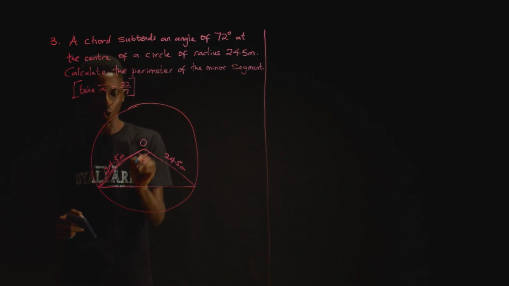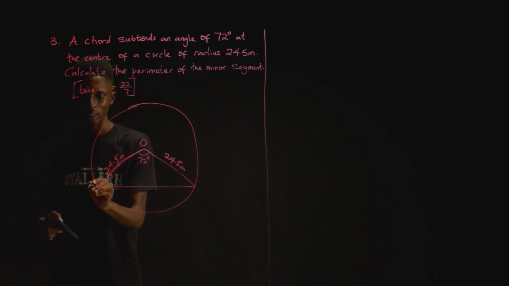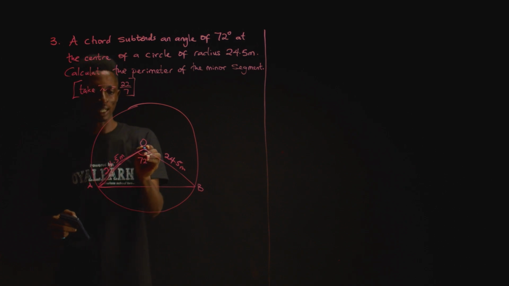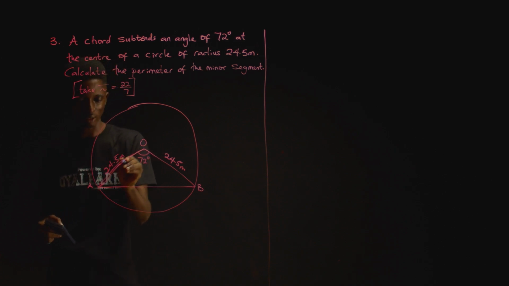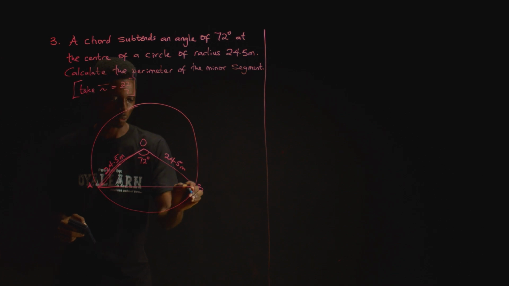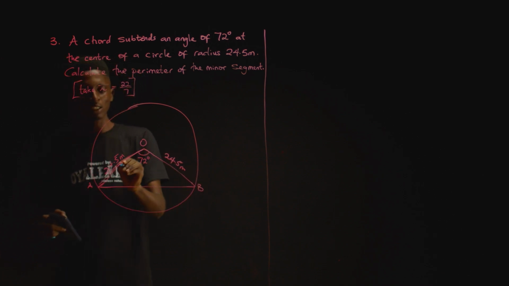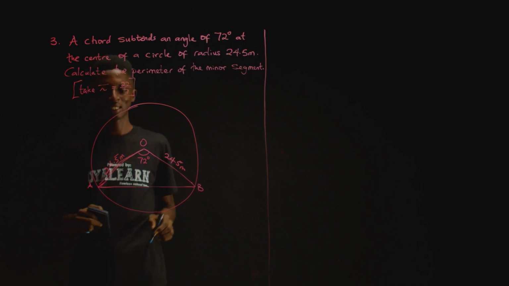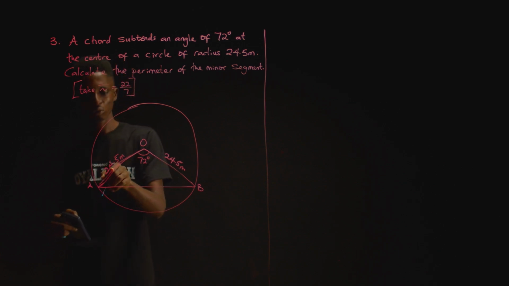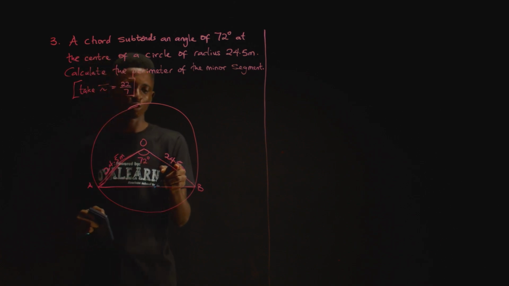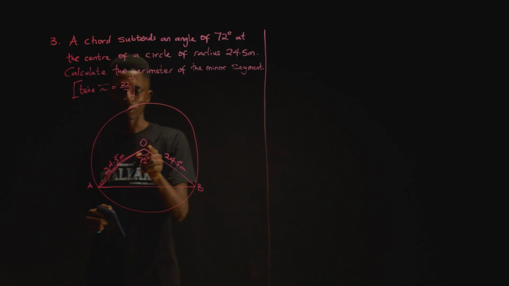So if this is O, let's call this A and this B. So that is, we are looking at the entirety of this all the way down here, the length of all of this. So we already know that this length is 24.5 and this is 24.5, right?